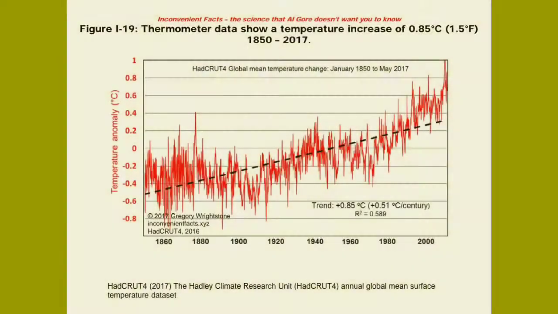So thermometer data shows a temperature increase of 0.85 C, or 1.5 Fahrenheit, since 1850. This is when the Industrial Revolution was kicking off, and you're going to see this thermometer gauge here.